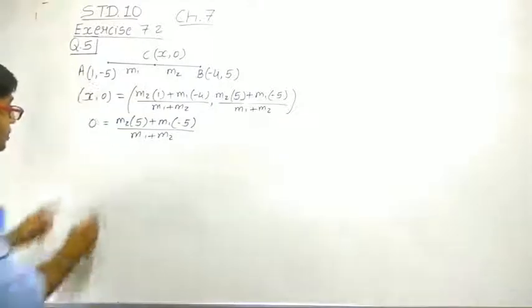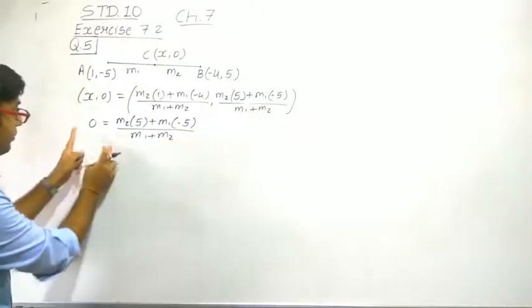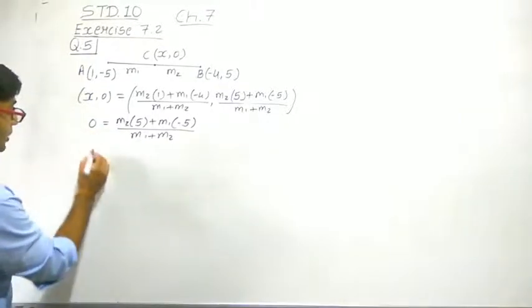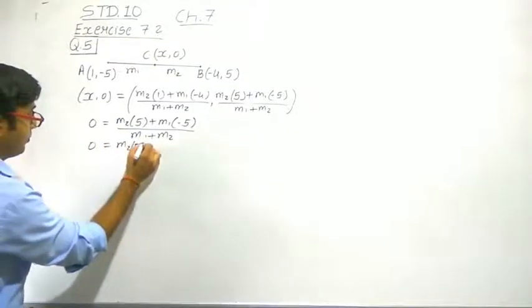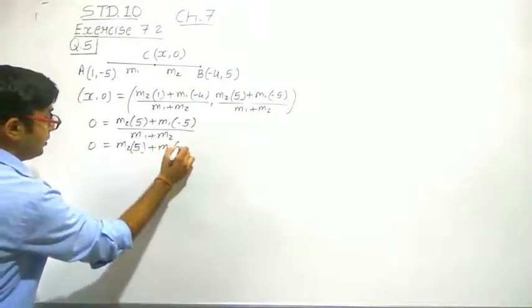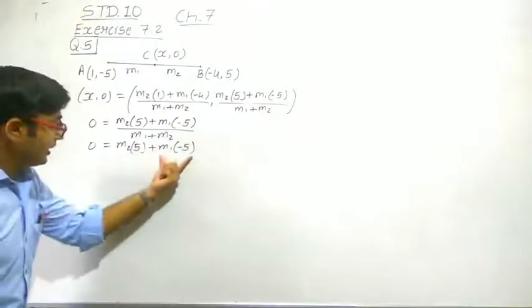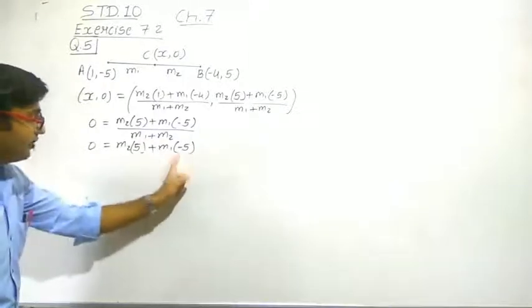That is the ratio. When we take m1 plus m2 to the left hand side, it will multiply with the 0, so the total value becomes 0. So here we get 0 is equal to m2 into 5 plus m1 into minus 5. When we take m1 into 5 to the other side, it will become plus.